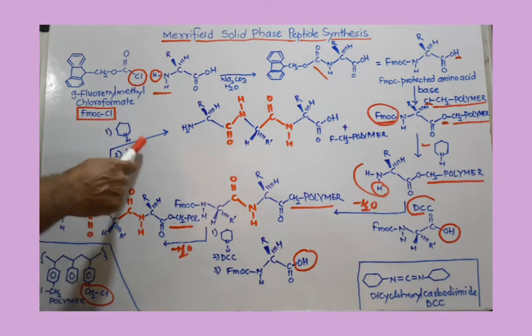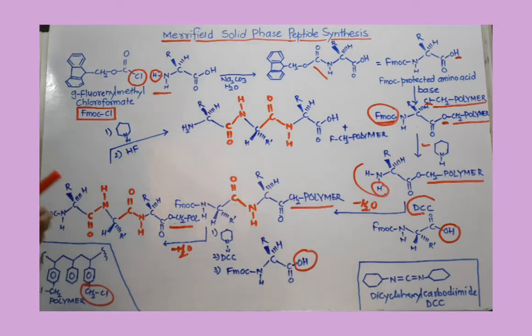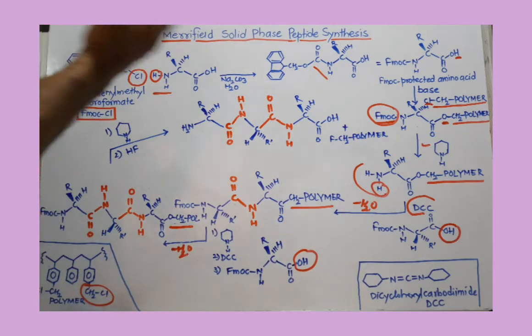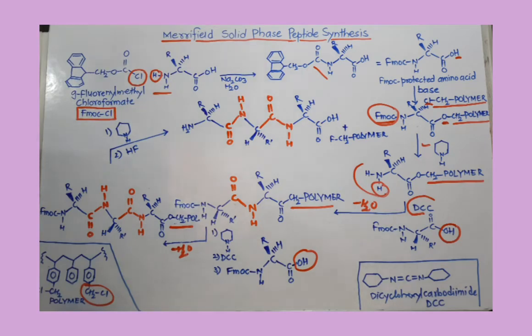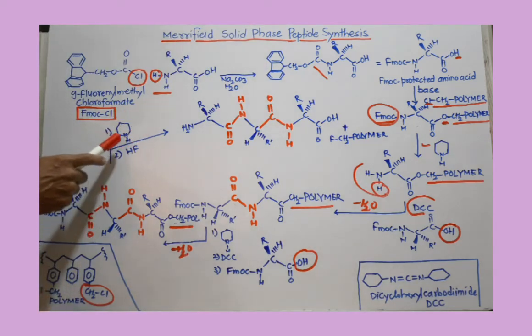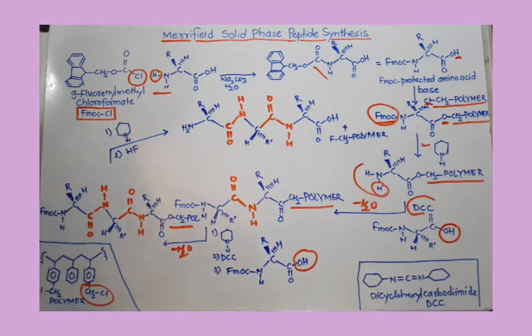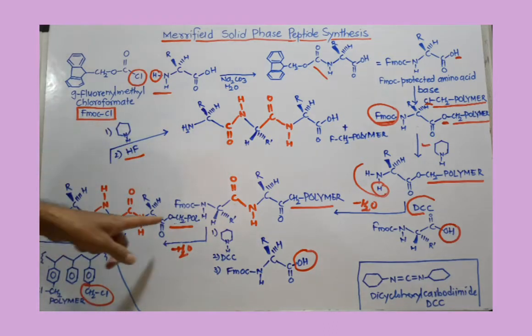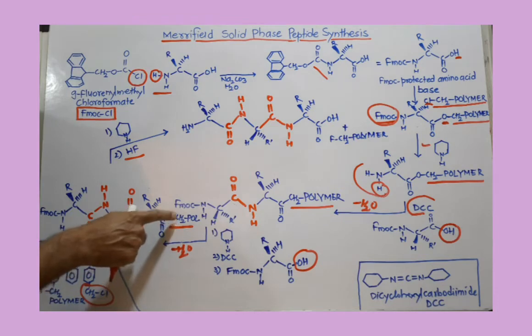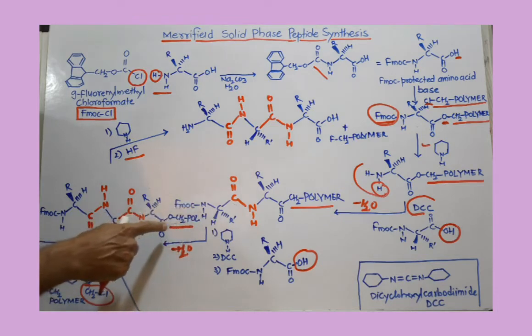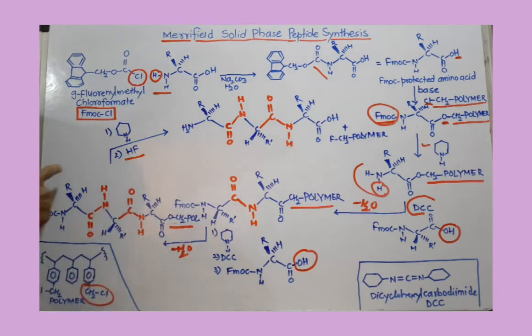But before adding HF, you must free that amino group, otherwise there will be a problem. So first of all, this piperidine is added, this base is added to deprotect the terminal amino group. Then you have to add HF, so that HF will actually act here on the polymer where the peptide linkage is attached.